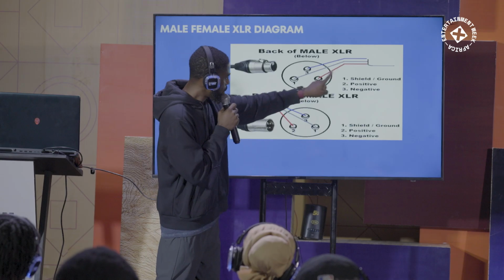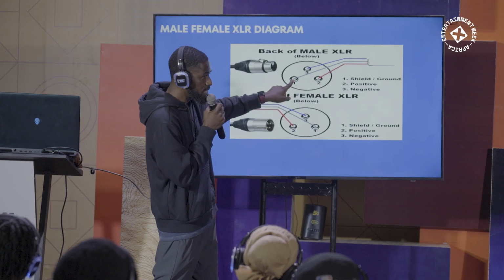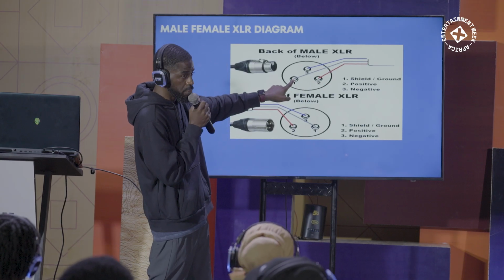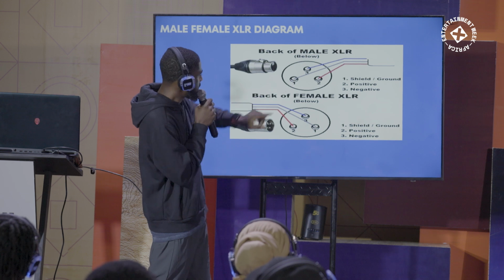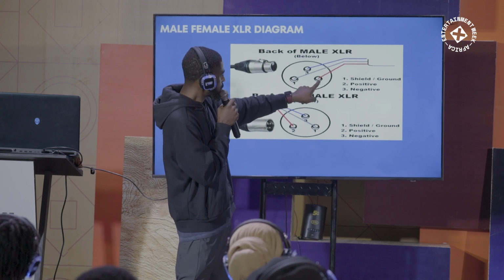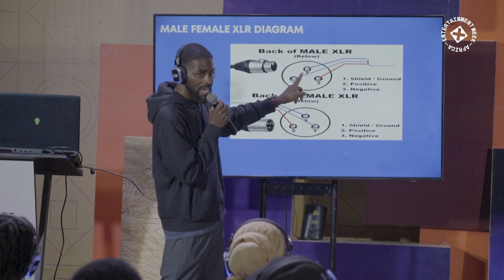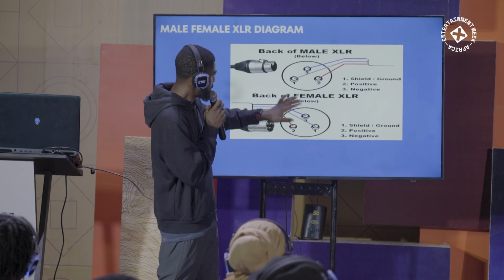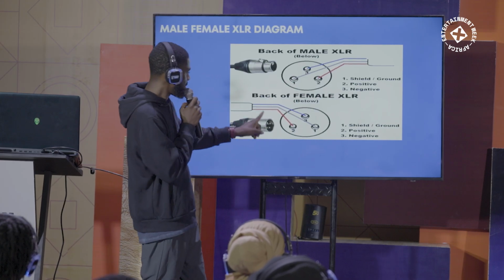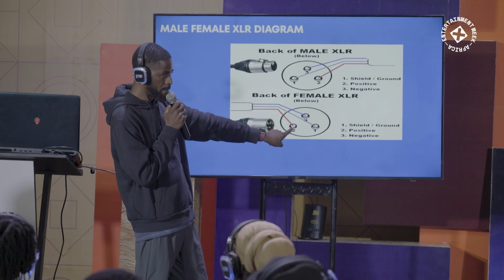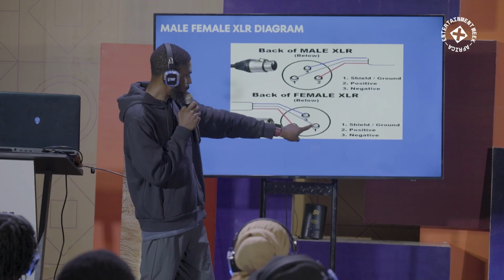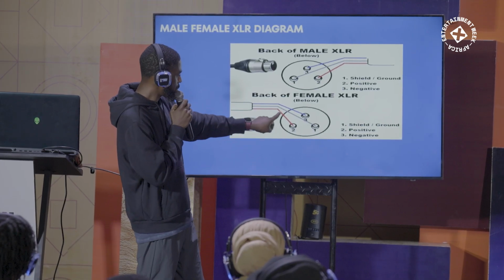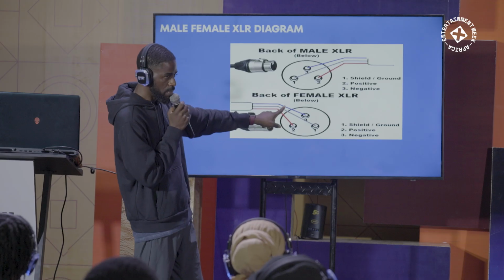So your white goes to your shade, which is, let me use the common term, neutral. Then your red goes to your positive, and your blue goes to your negative. So 1, 2, 3, the same thing is applicable here as well. Your 1 to your white, your 2 to your red, and your 3 to your blue.